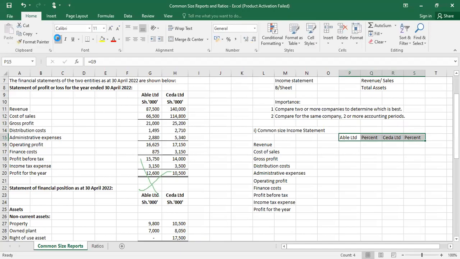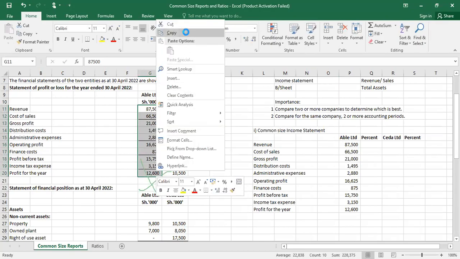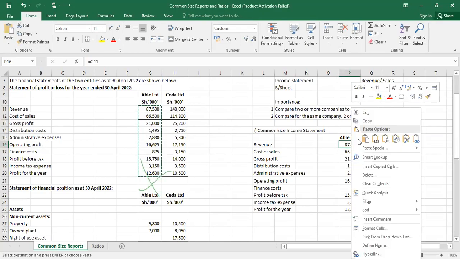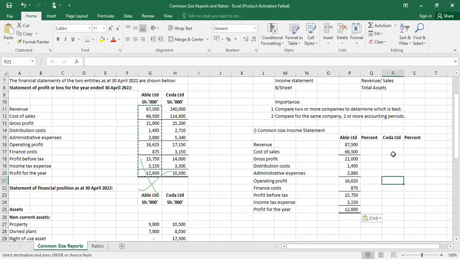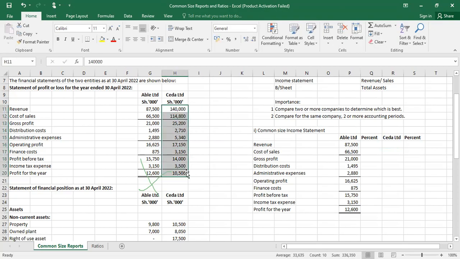The figures we are given for these two, we can copy them. So I'll just copy the exact income statement, and for Cedar, I will do the same thing.